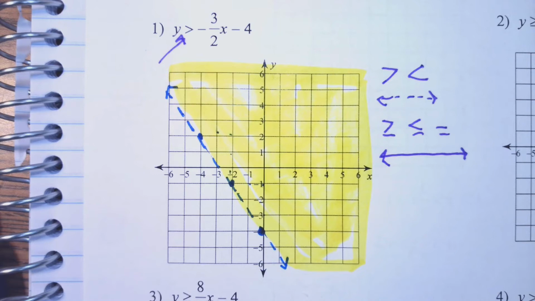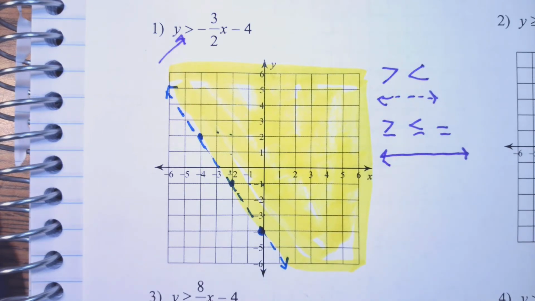Is that it? Do you remember doing this? Yes? No. Some of you did? Who doesn't remember doing it? Who did you have? I was online. Online didn't do this? Did you do any inequalities at all? I don't think so. Okay.